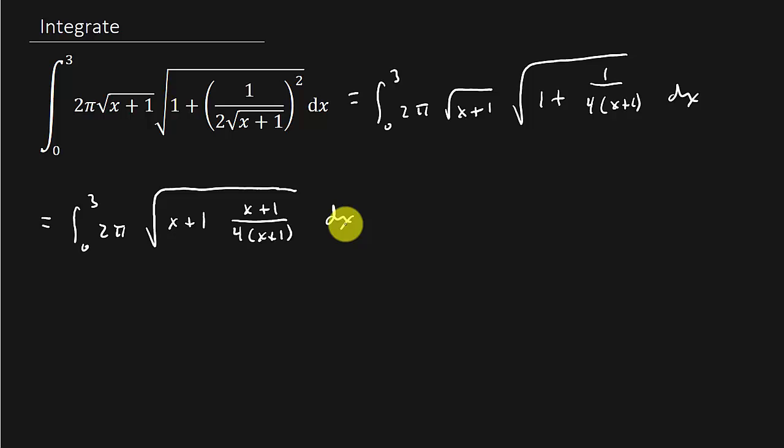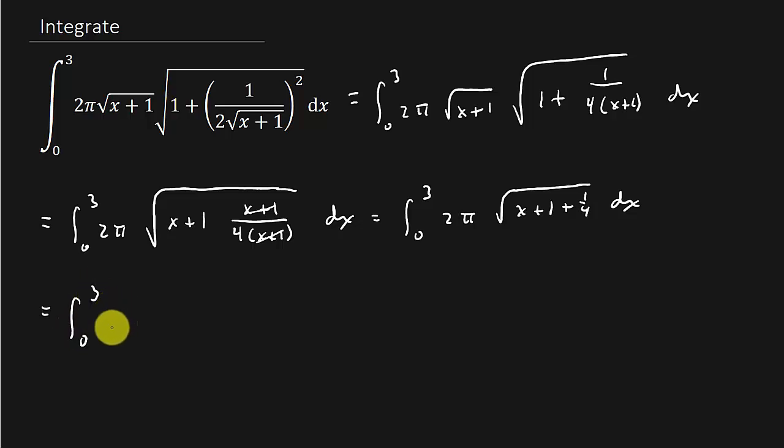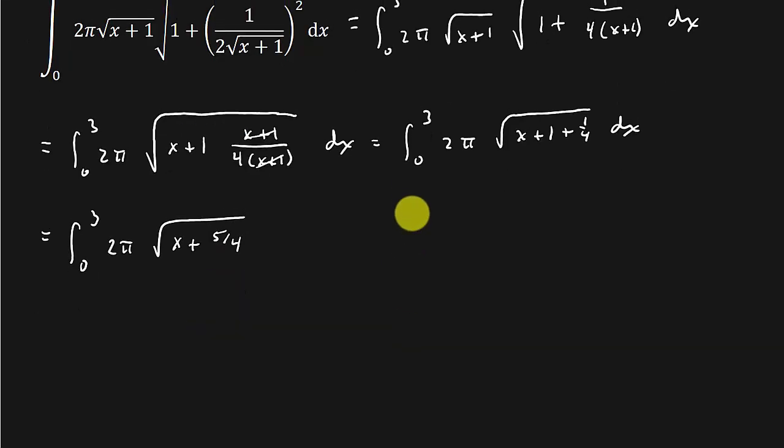And you see here how the x plus 1's cancel. So I'm going to be left with the integral from 0 to 3 of 2 pi square root of x plus 1 plus 1/4 dx. And so that's going to give me the integral from 0 to 3 of 2 pi square root of x plus 5/4 dx.